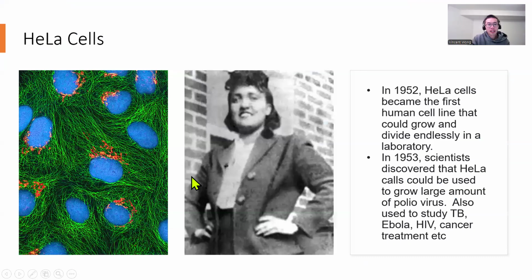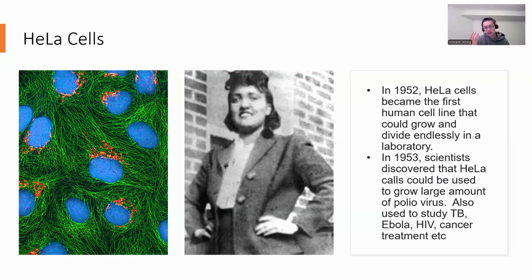And because you can grow them easily and manipulate them easily, HeLa cells are very useful for research on a wide range of fields, including cancer treatment and vaccination. You can grow poliovirus in them and try to develop a polio vaccine using these HeLa cells, and it's just very commonly used.